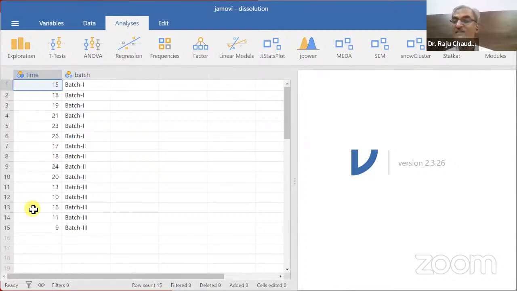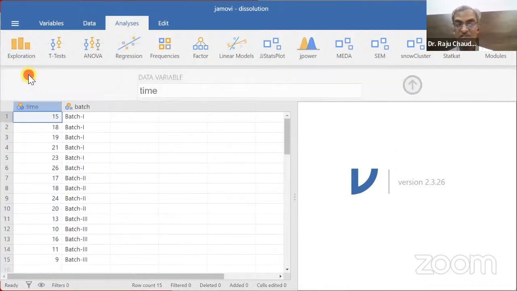The first column is the scale. You can interchange the order; it may be batch first and time second, that doesn't matter. But there are two columns, one a continuous variable and another a categorical variable. Since my data is in CSV format, when we open the data file, many times it does not directly take that as a continuous variable.